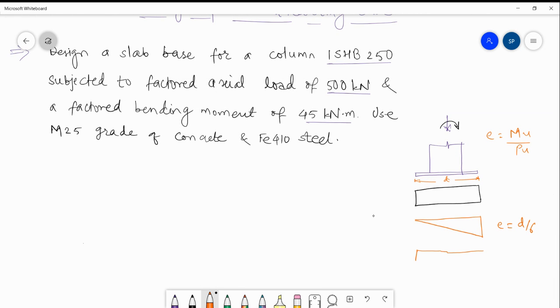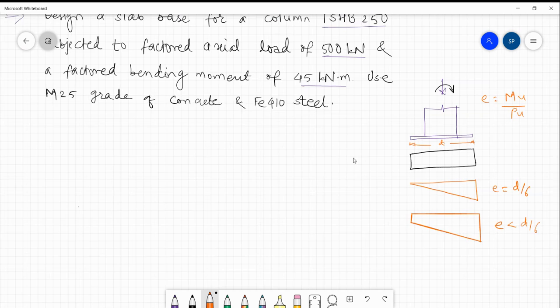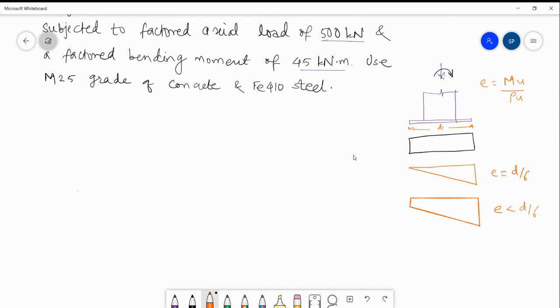Depending on the relation between e and D, there are different cases of pressure distribution. The second case is where e is less than D by 6, and the last one is where e is greater than D by 6. These are the three different cases.